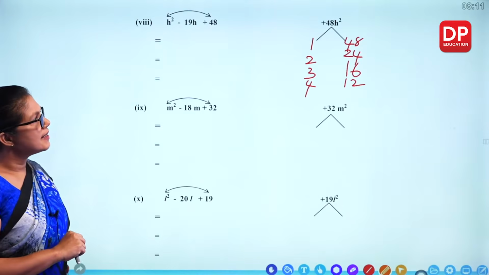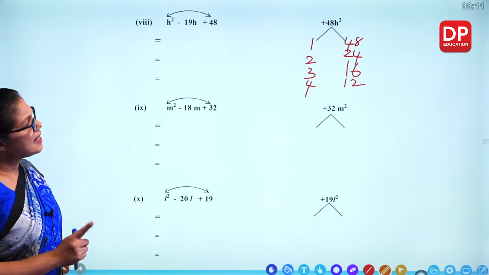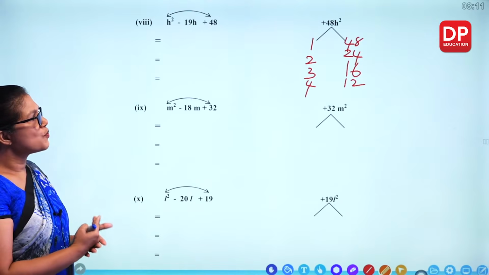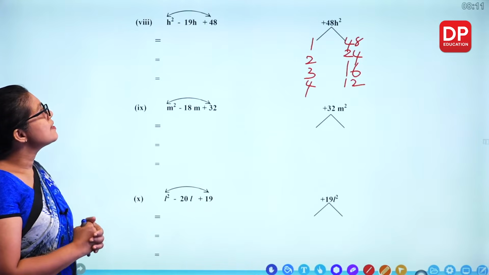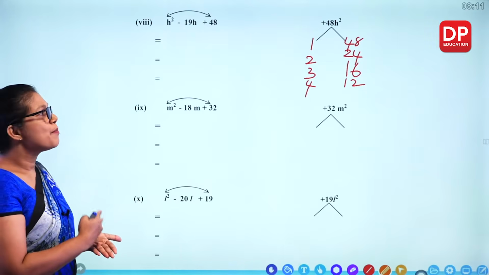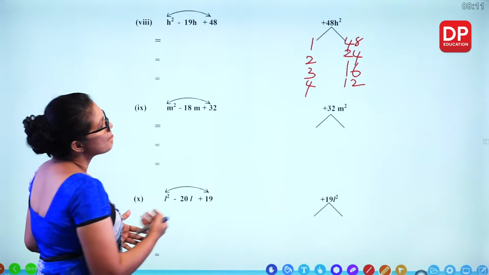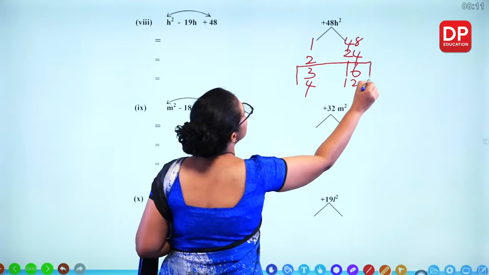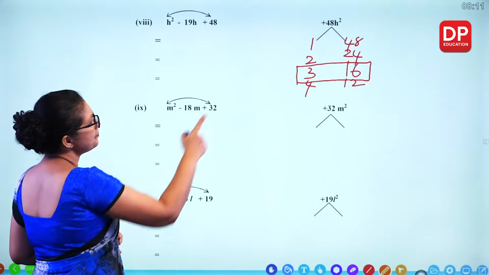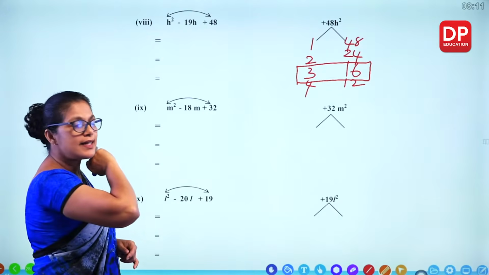Minus 19. How do we get 19 from these two? By adding the numbers, because we saw that if it's minus and then plus, you need both minus. So we can select 3 and 16 as the factors to get 19.